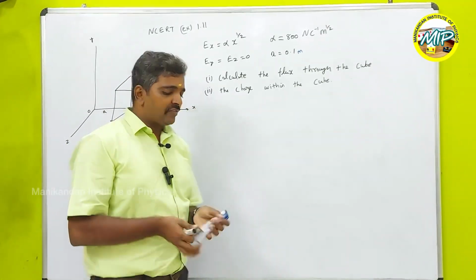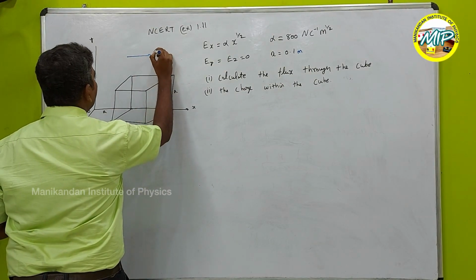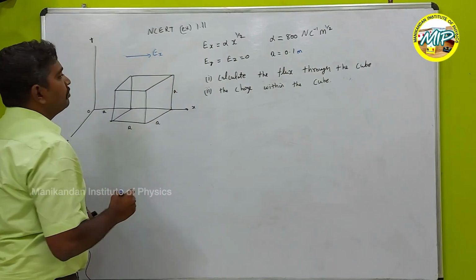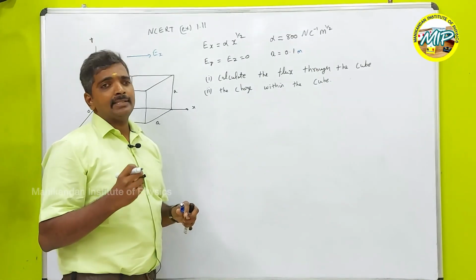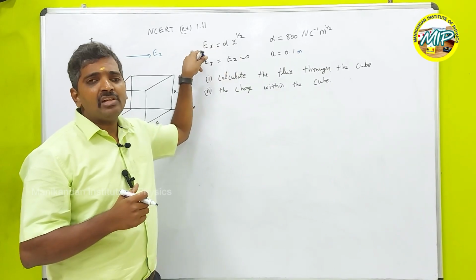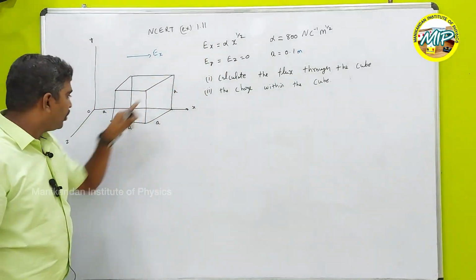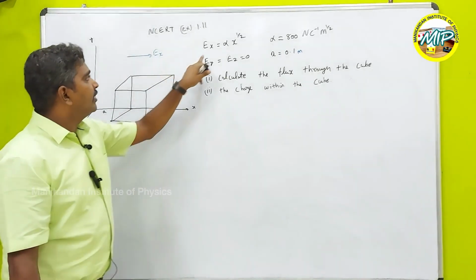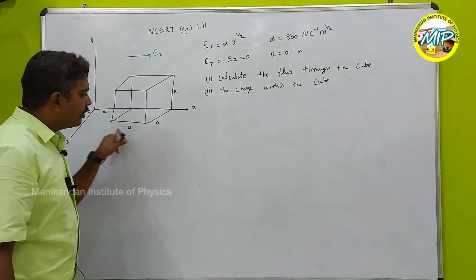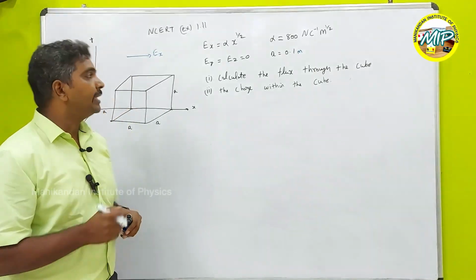The only electric field along this direction is my Ex. But the electric field along the x-axis is variable. As my x value increases, my electric field also increases, which means if I put x equal to 0, the electric field at the origin is also 0.